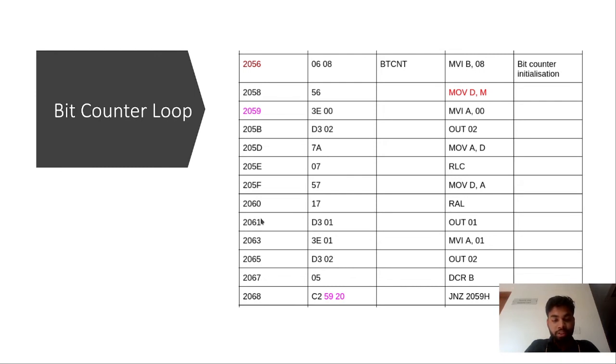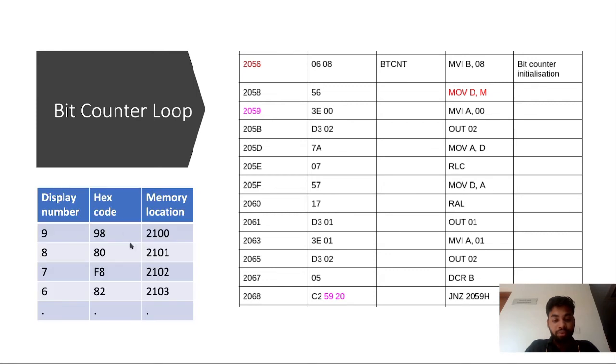Hence, this should loop 8 times for every single character to be displayed. For instance, in the first iteration, it will read from the memory 2100 hex and port out 9, and this 9 will be displayed on the 7 segment interface. So this is the code for the bit counter loop.